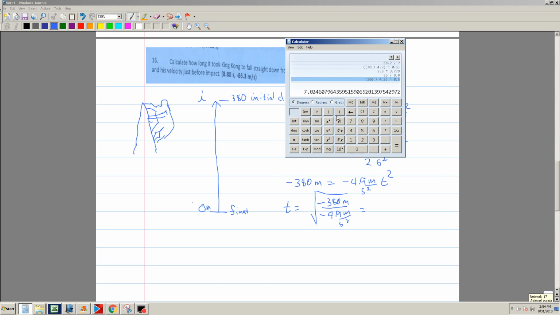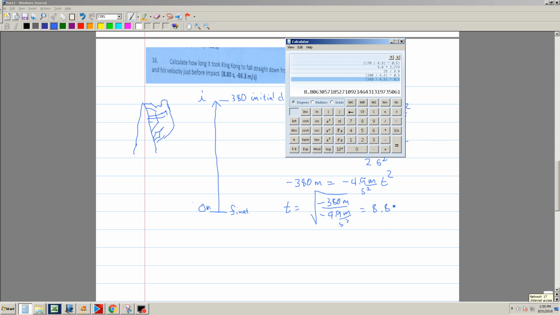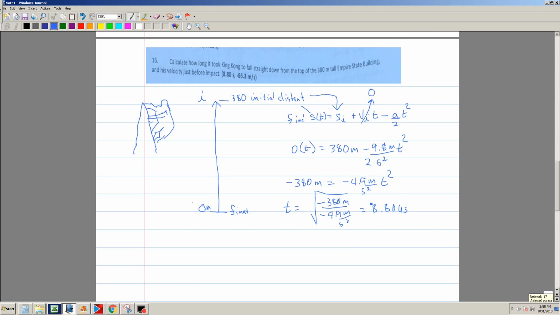Okay, the other way of doing it is by saying 380 divided by 4.9, close parentheses, raised to the 0.5, 8.806 seconds. And yep, got that right.